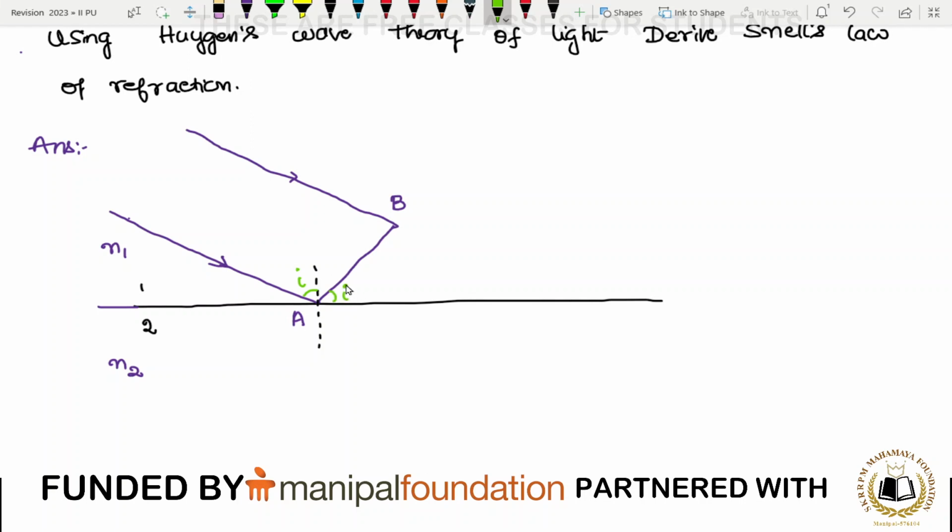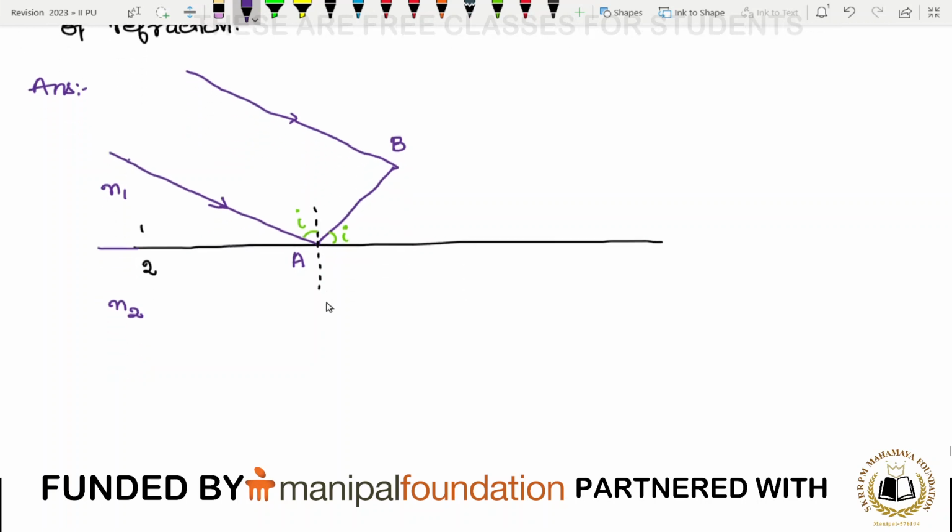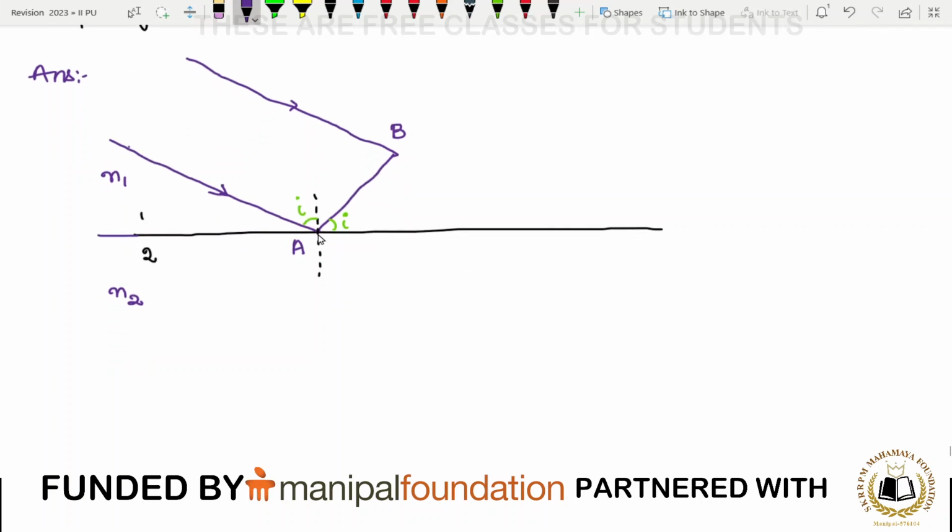I. Now what happens at A is that it undergoes refraction, traveling from rarer to denser, and will bend towards the normal. It will go like this. Now what about this end? This end goes where? It continues in the same medium and strikes here.